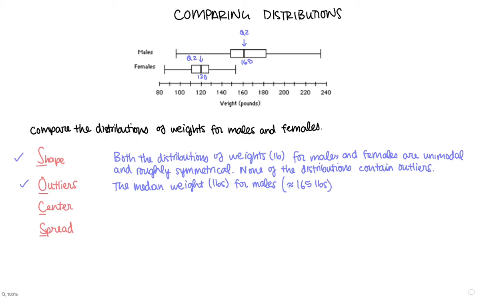Make sure to include approximately because we don't really know what the actual value is. It is greater than the median weight for females. And then again, this is in pounds, and it's going to be approximately 120 pounds.